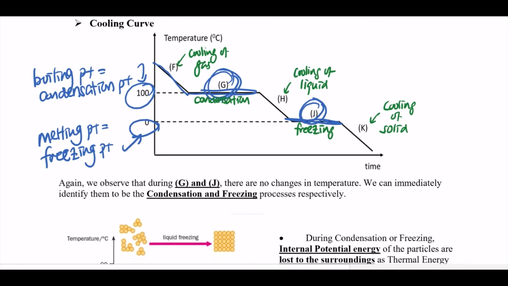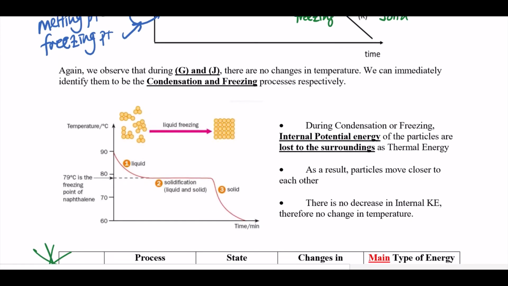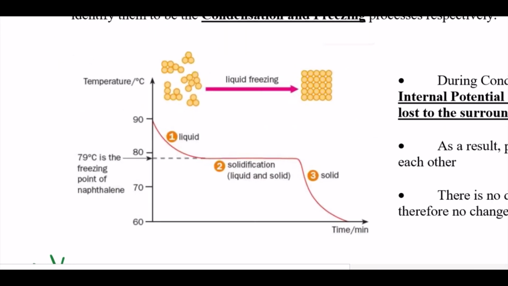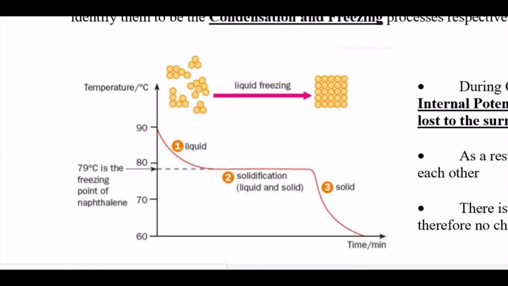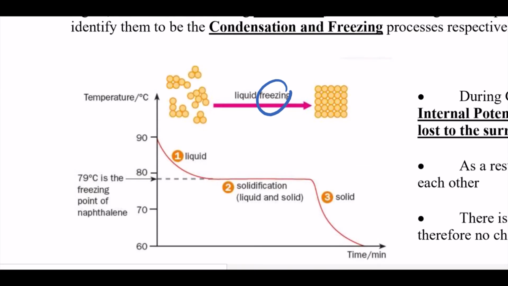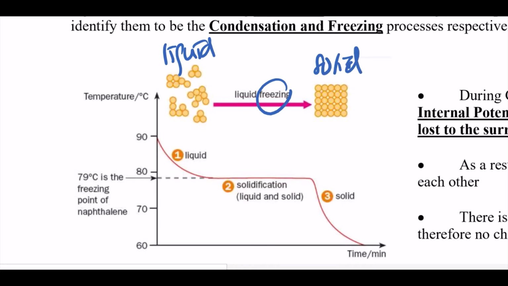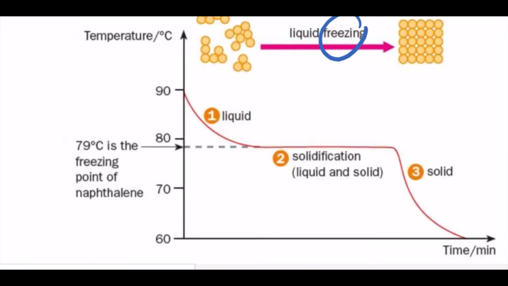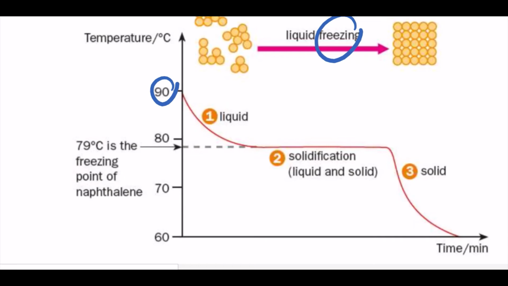So what is happening there? How do we explain it? This is the freezing portion, but it works the same way for condensation. For freezing, we have liquid turning into solid. We start off at 90 degrees Celsius, and the liquid cools down, no problem.